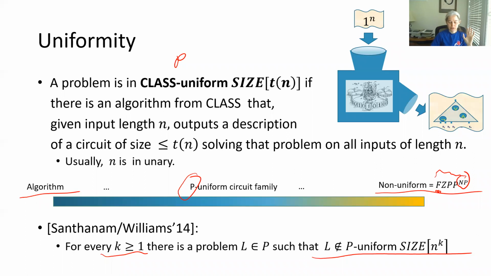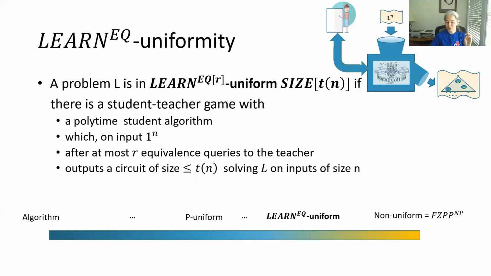So now I can finally say a little bit more precisely what we did here, at least part of it, is inspired by KPT witnessing theorem. We are looking at uniformity, which we called learn with equivalence query, LEARNEQ-uniformity.